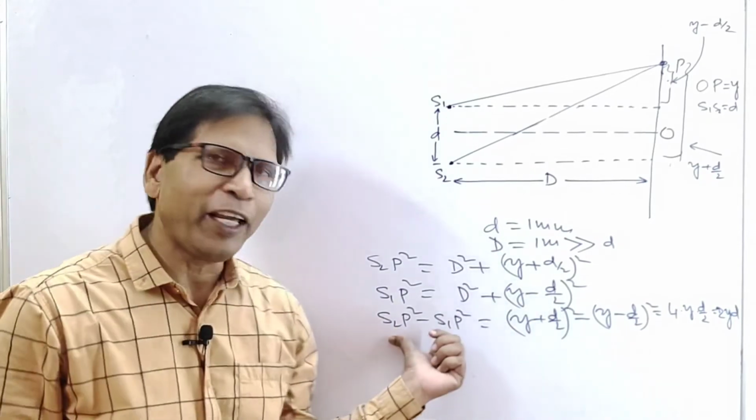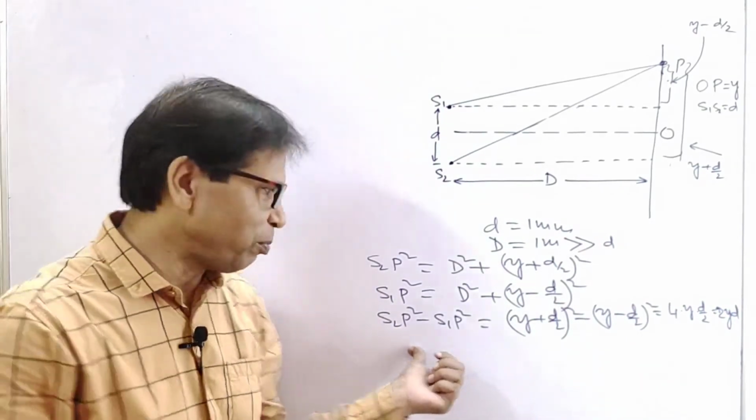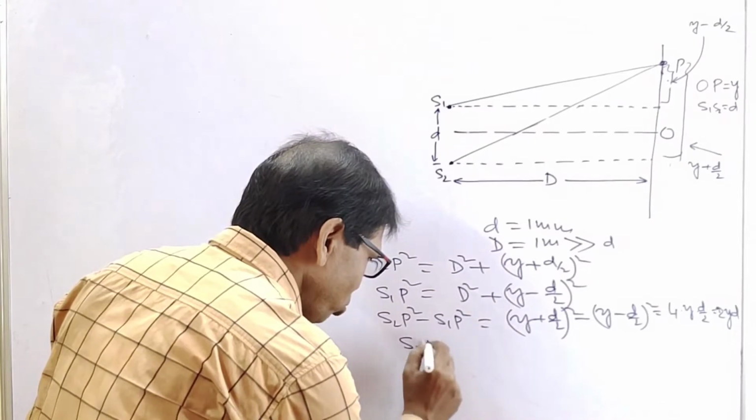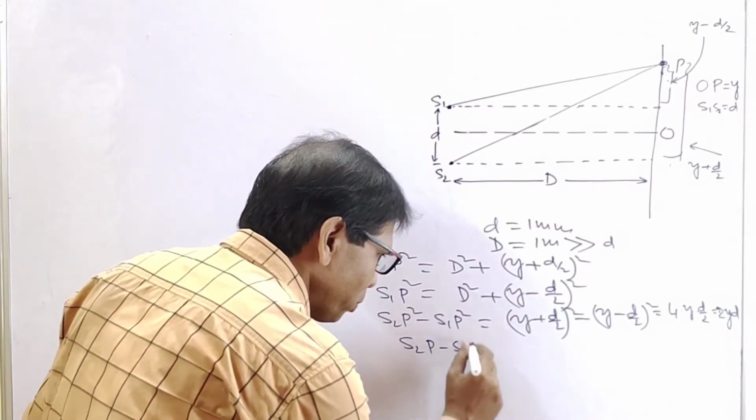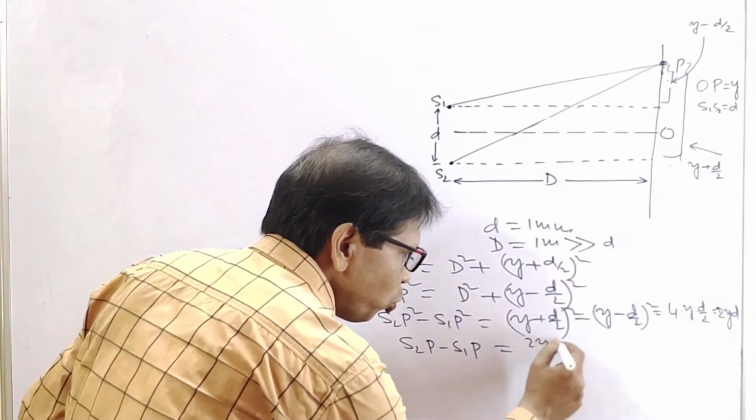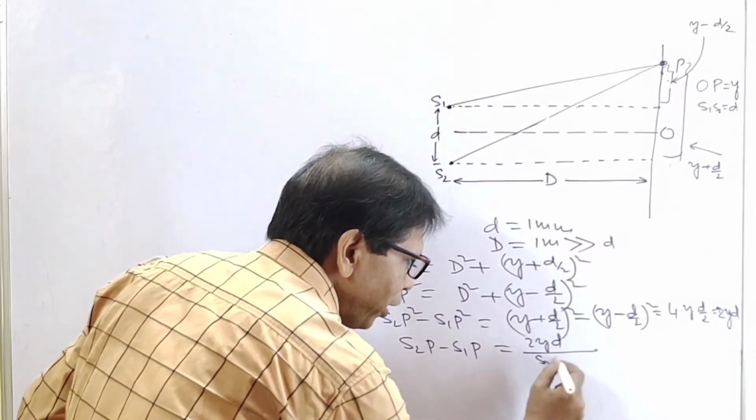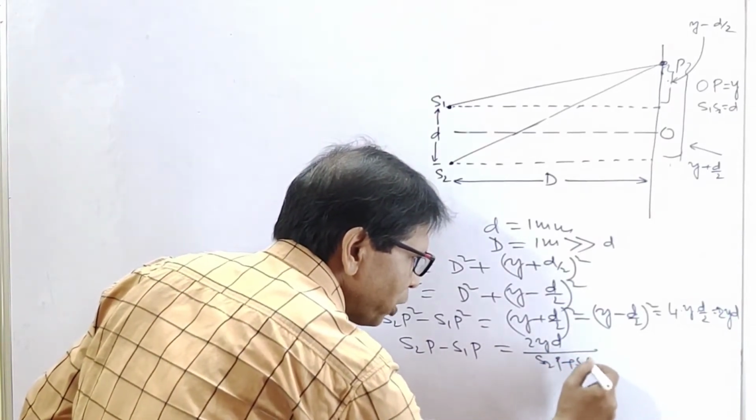Now this is a plus b into a minus b. So look at this, S2P minus S1P, the path difference, is 2y small d divided by S2P plus S1P.